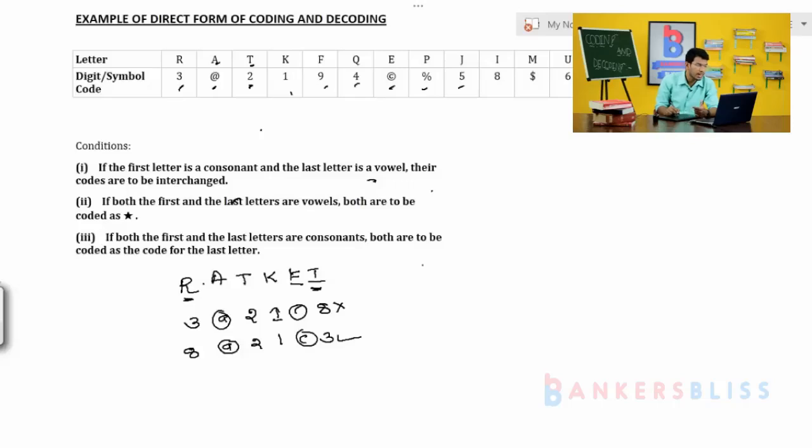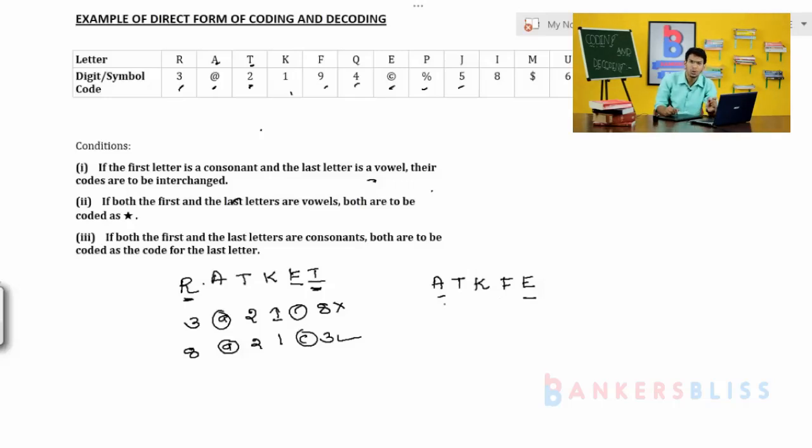If the first and last letters are vowels, again I will write A, the vowel, then I will write T, K, F, E. Look here, if the first letter is a vowel and the last letter is also a vowel, then both are to be coded as star.